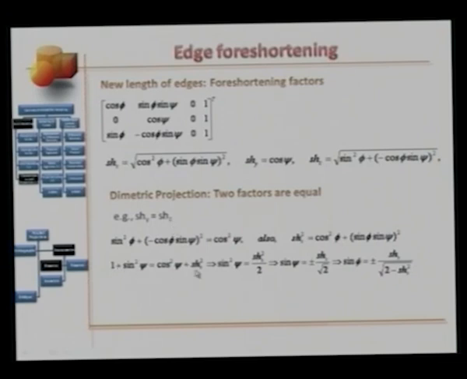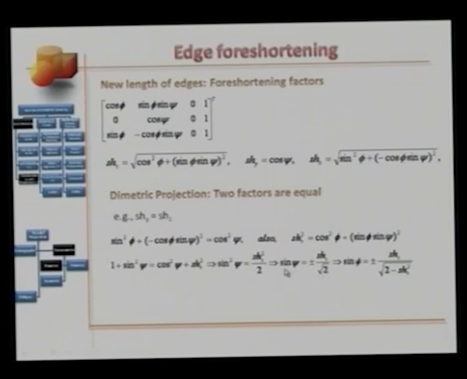This result can be used to determine the angle psi in terms of the foreshortening factor along the x direction. That is, sine squared psi equals sh sub x squared over 2, or sine psi equals plus or minus sh sub x over square root of 2.